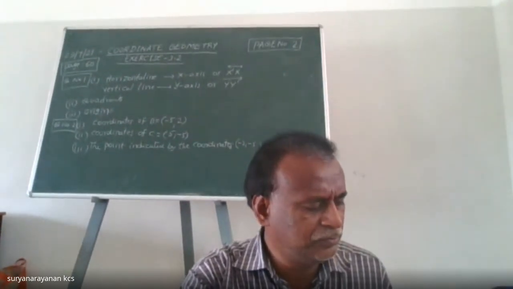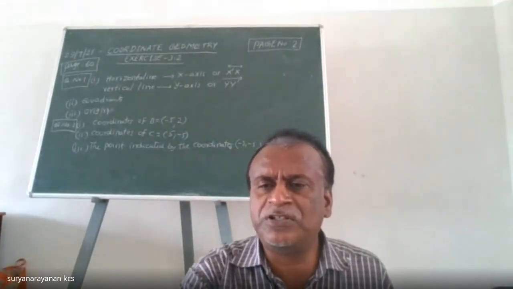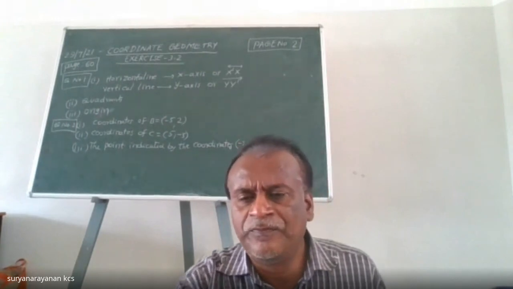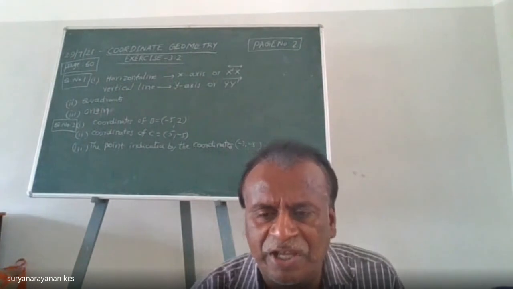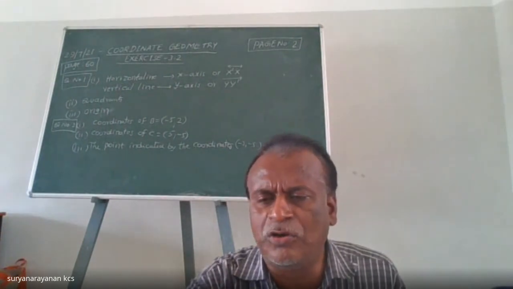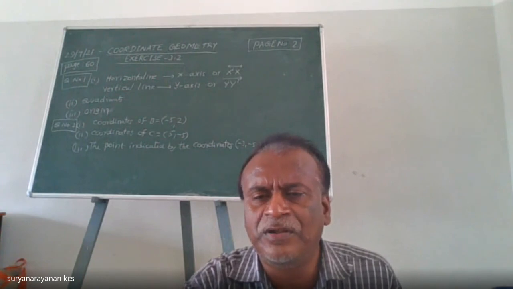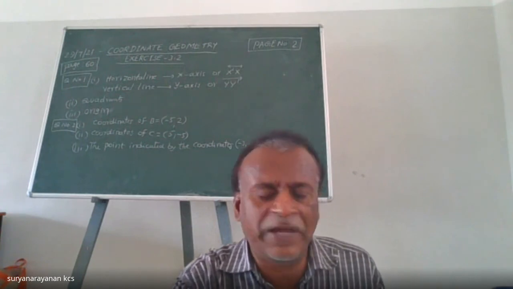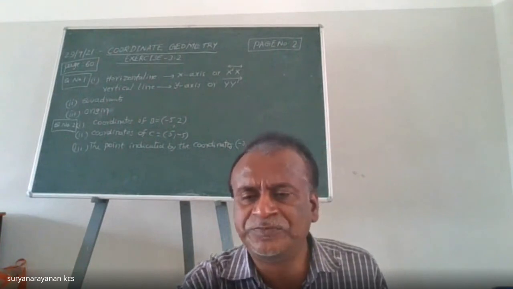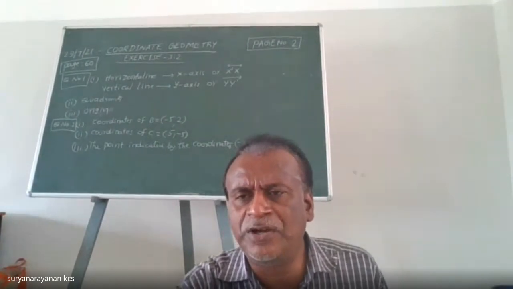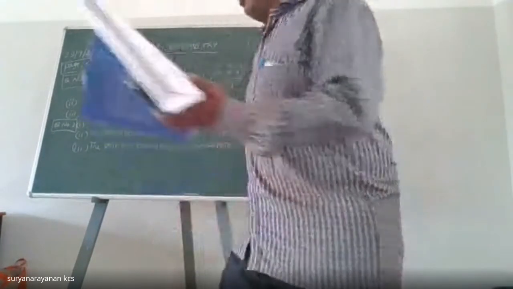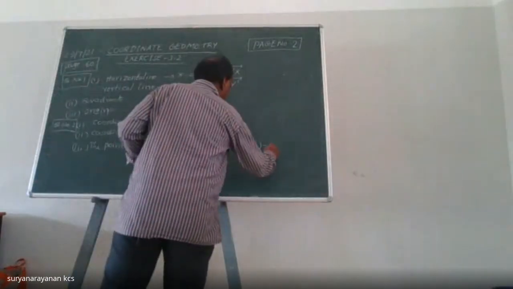Observe this figure, my dear children. Sir, E. Yes, very good, point E. Not E or H, my dear Janesh. Please observe the given figure carefully. Here, the coordinates of point E are minus 3 comma minus 5.